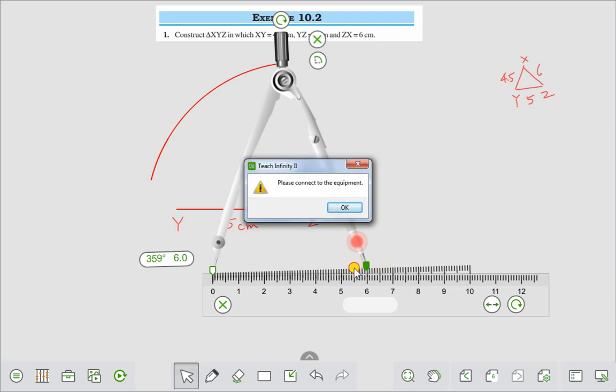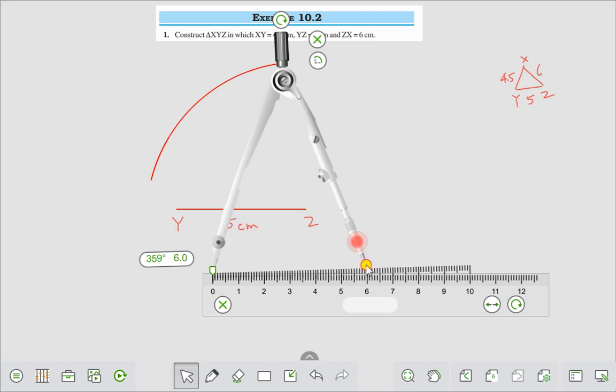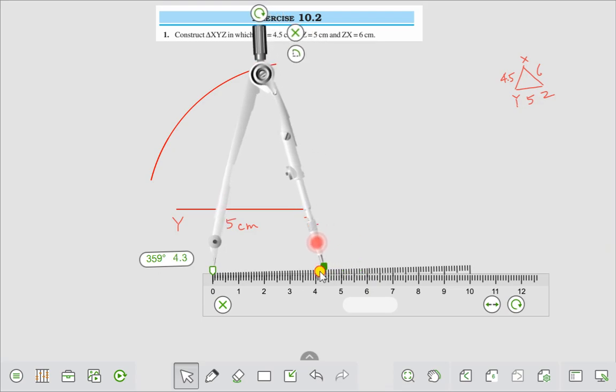Here you see 4.5, 4.2, 4.3, 4.4, 4.5. Yes, it is 4.5 centimeter.